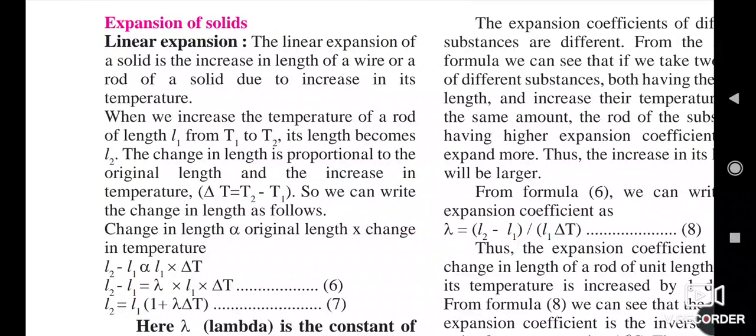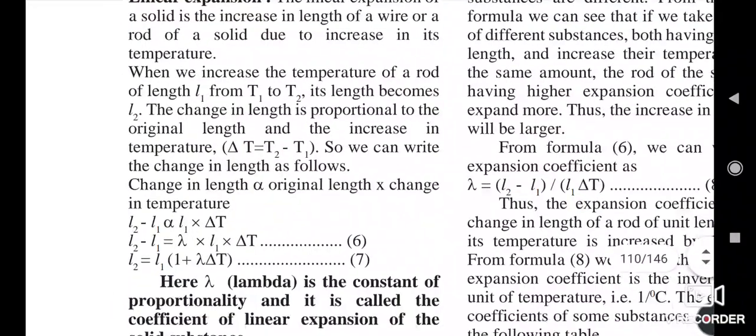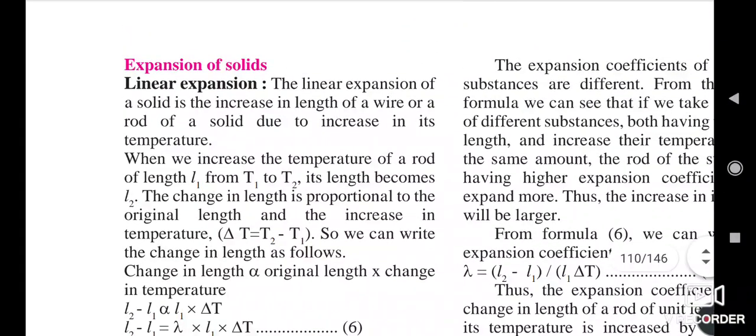So they keep some distance between the two railway rods to have space for the increase in the rod. Okay, so here we have the expansion of a solid, that is, the linear expansion.